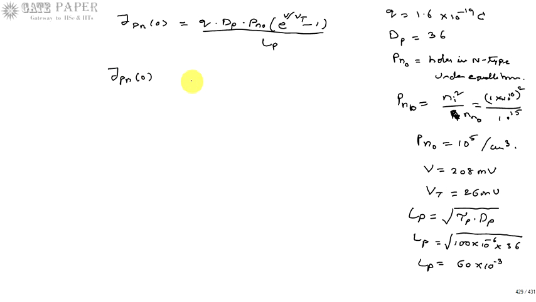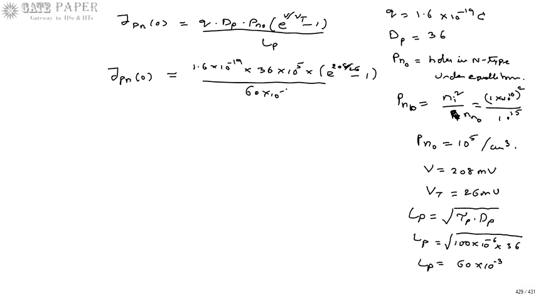The hole current density which is injecting from P to N region, JPN of 0, is 1.6 into 10 power minus 19 into DP, which is 36, into Pn naught, 10 power 5, into e power 208 divided by 26 minus 1, divided by 60 into 10 power minus 3.